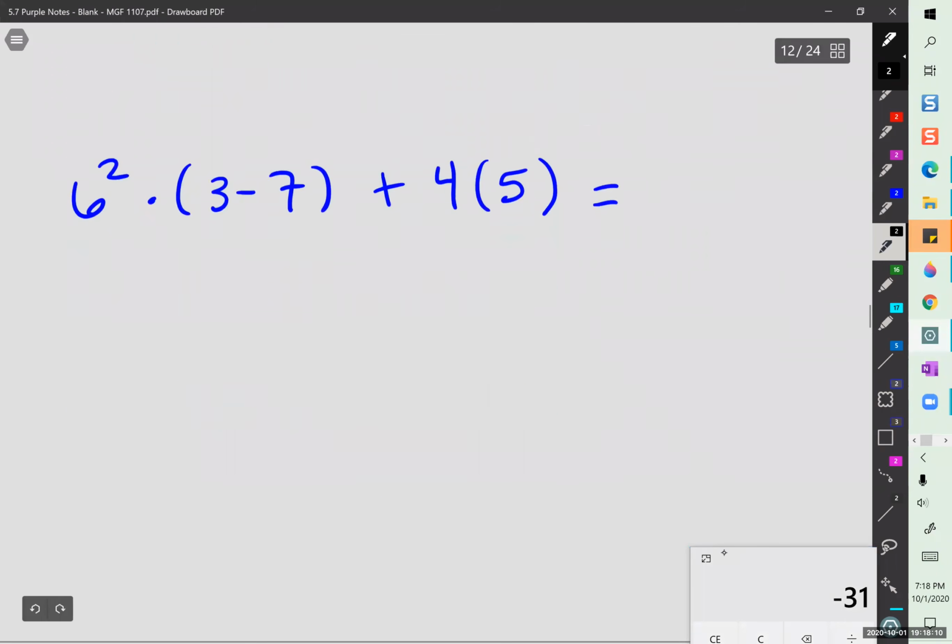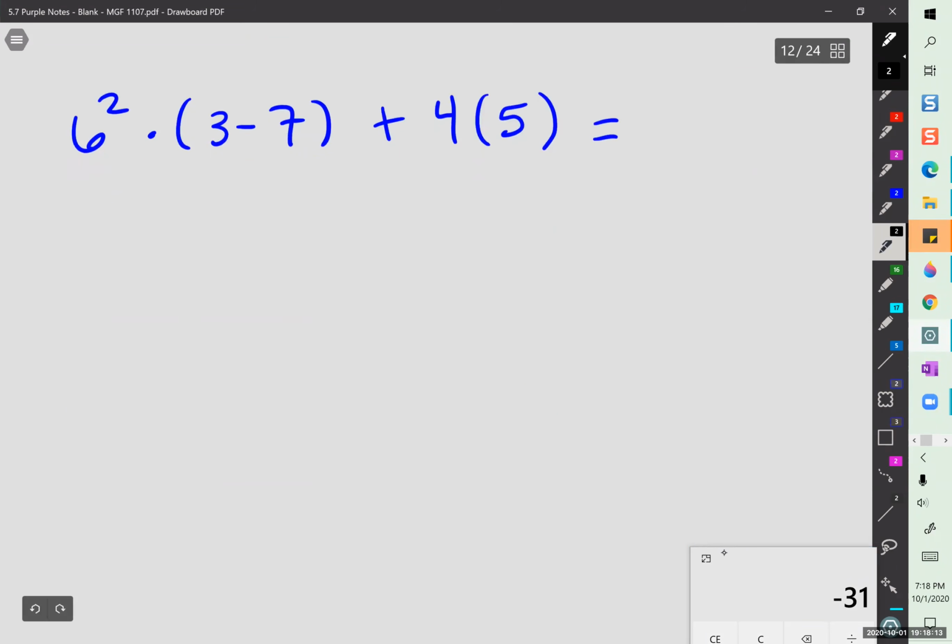Okay, good work, everyone. Why don't y'all take a moment to attempt the next one? Parentheses, then exponents, multiply or divide, add or subtract. Kelly, that's exactly right.